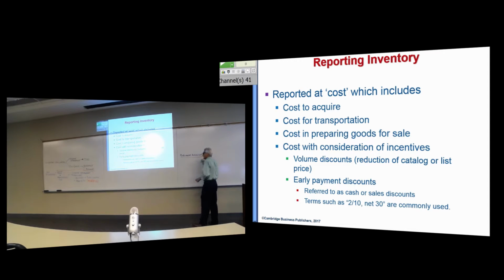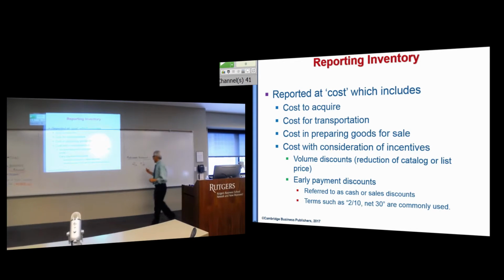And in the terms or written on the invoice, that means that you would get a 2% discount if you pay it within 10 days.